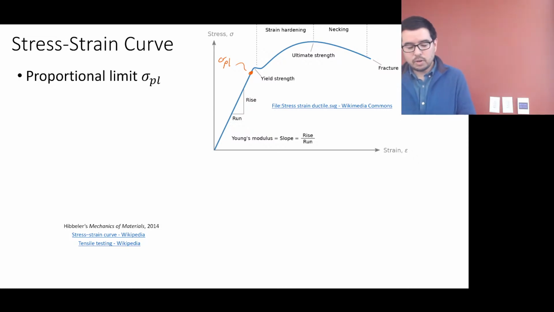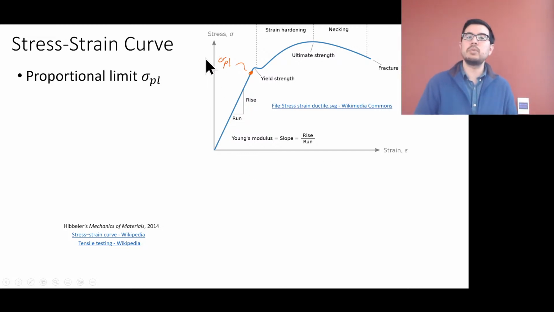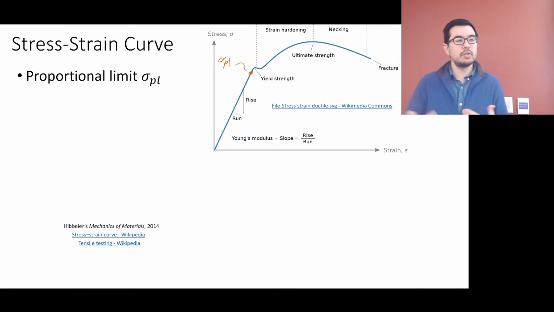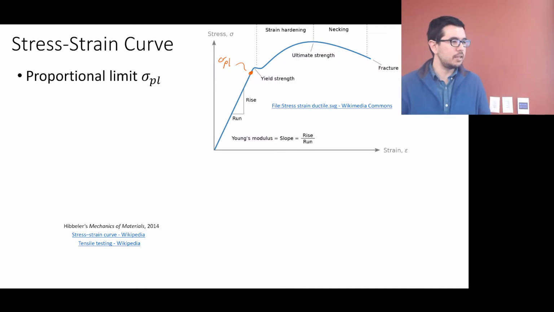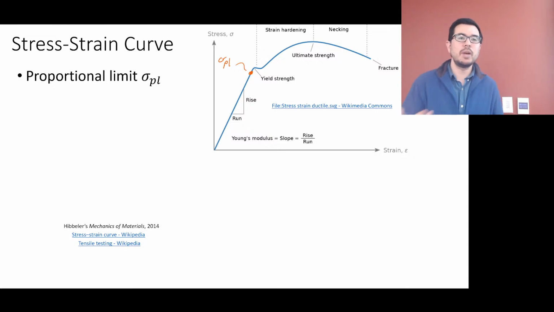You're looking for a plot that has stress versus strain. The units of stress are force per area, and the units of strain are dimensionless. Maybe they say this is going to be a microstrain, as we discussed last time, or maybe it's going to be in percent, but it's dimensionless.